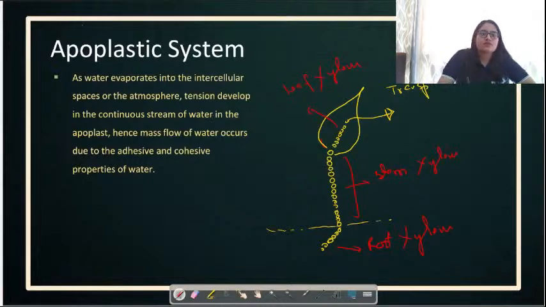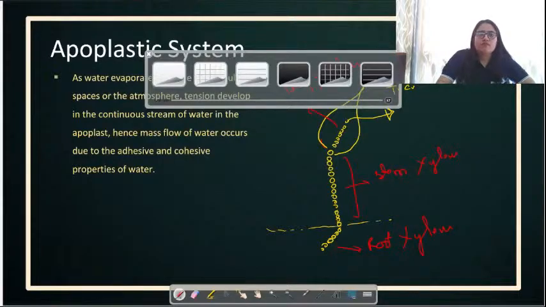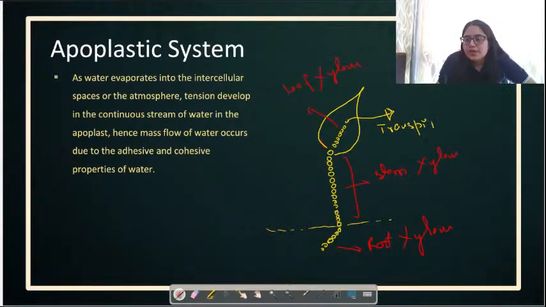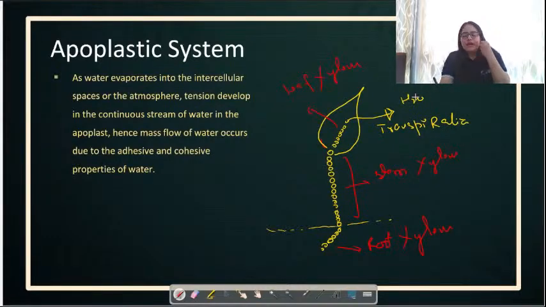I guess this is not visible to you, so let me make this again. This is the transpiration process. What happens in a transpiration process? The water molecules will evaporate in the form of vapors.